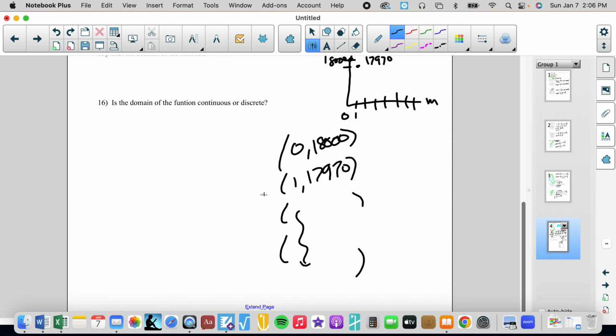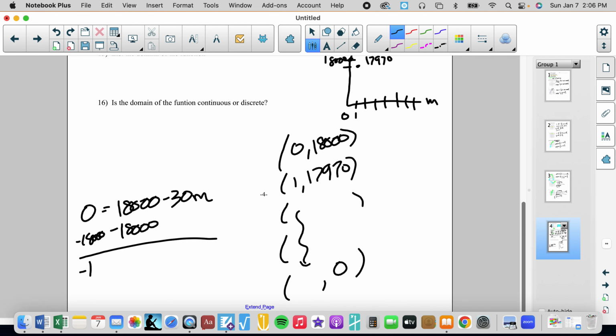And when is it 0? I can do a little quick math here. When is the remaining gallon 0? You can do 18,000 minus 30m equals 0. We're going to solve for m. We get negative 18,000 equals negative 30m.